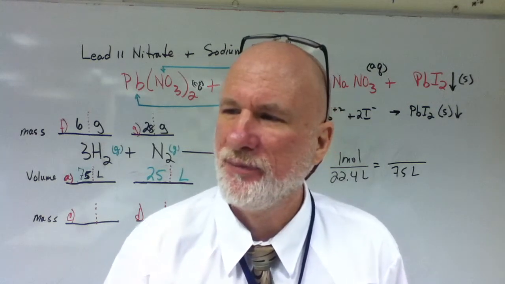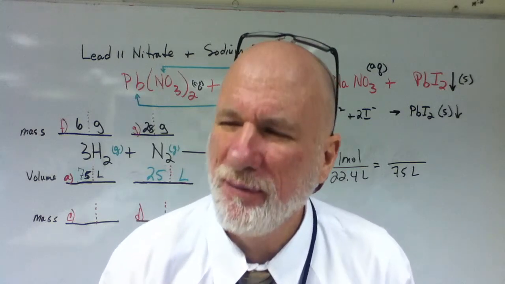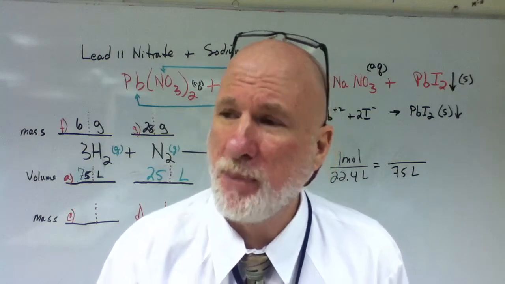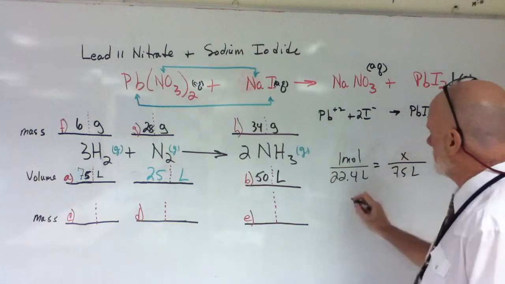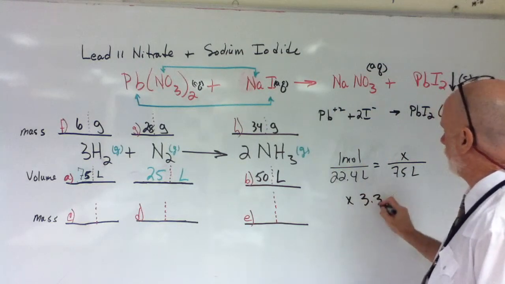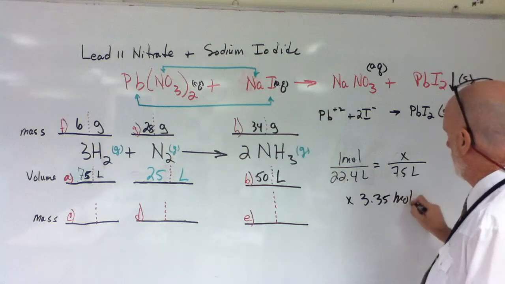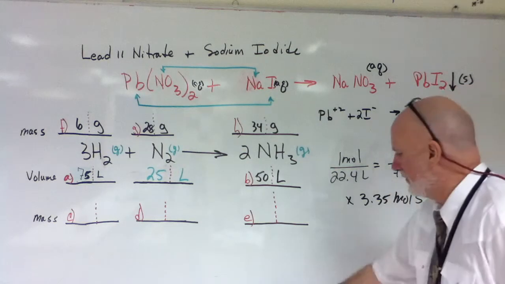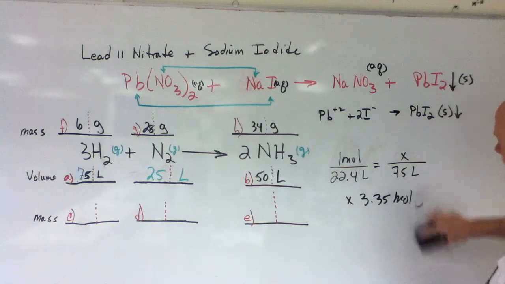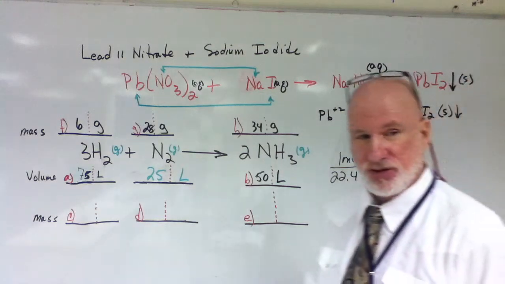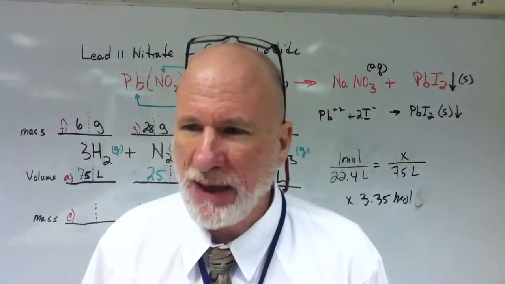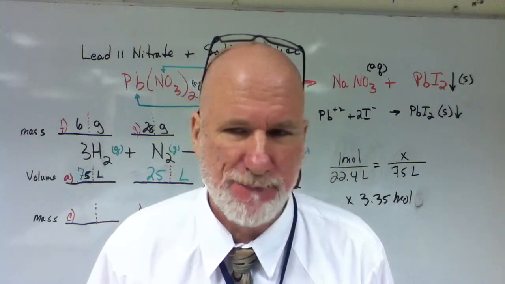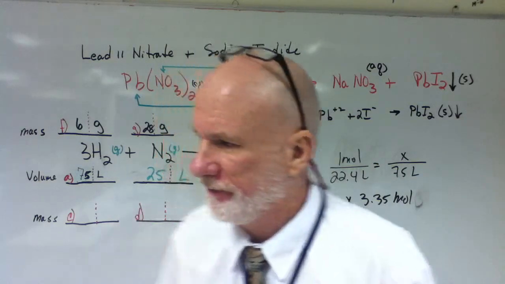Yes, Jen. 3.34. What is it? 3.35. Excellent. So X would be 3.35 moles, right? We don't use an S on that. Moles, right? 3.35 moles. What's the mass of 3.35 moles of hydrogen?